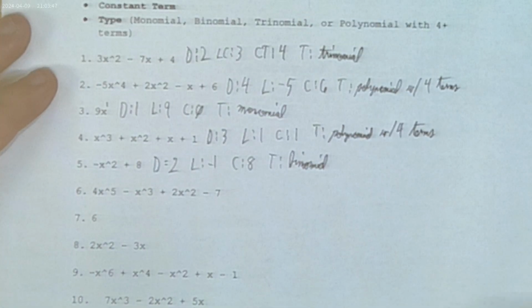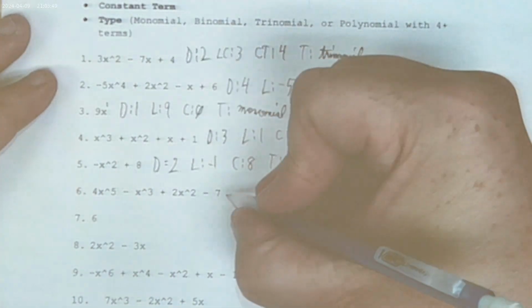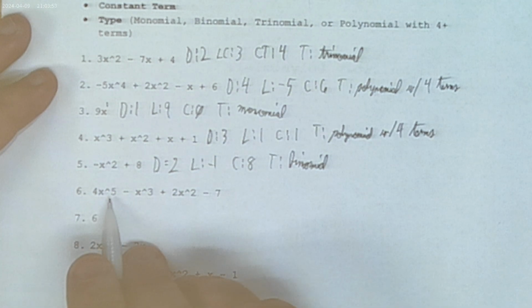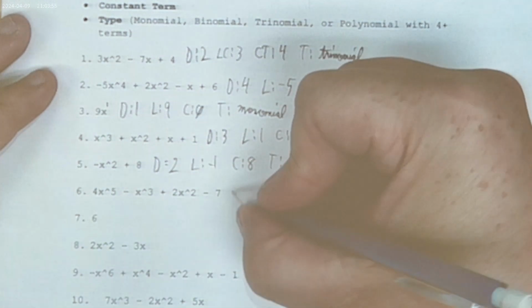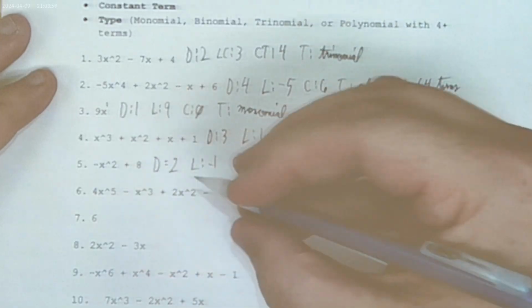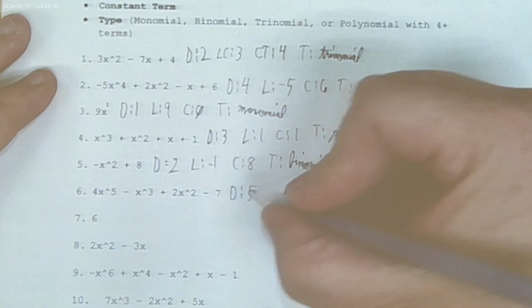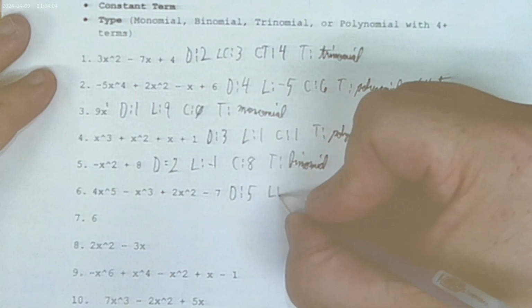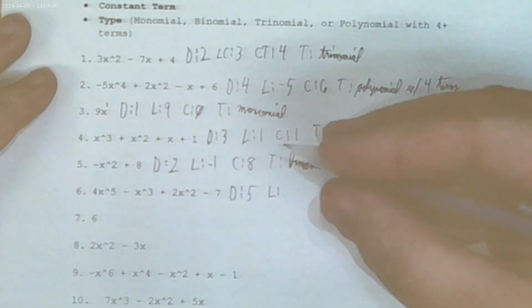Alrighty. For this next one, let's see. Yep, the highest one is going to be to the fifth. So that means our degree is going to be 5. Our leading coefficient is going to be 4.